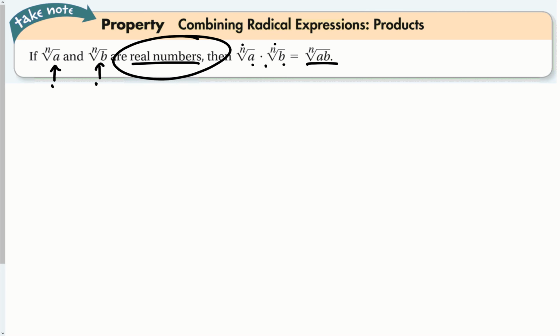The only reason that we use absolute values in simplifying a radical is to show that those numbers must be real, that they must be positive. Absolute value numbers become positive. So that means that if I use the product property, I never need absolute value bars.